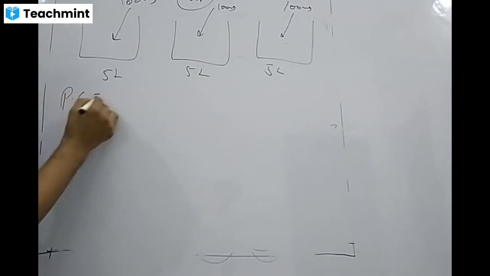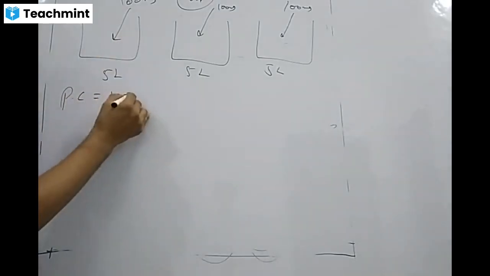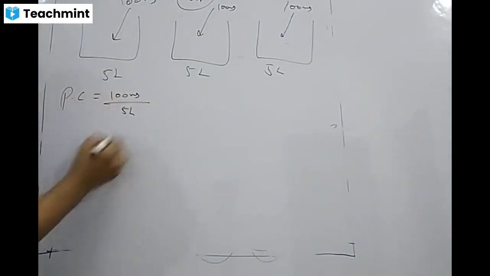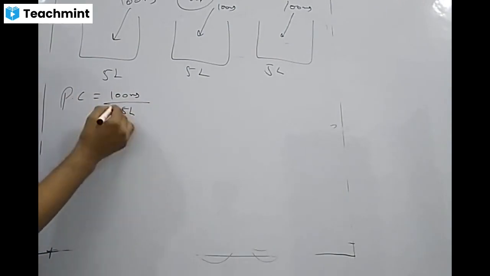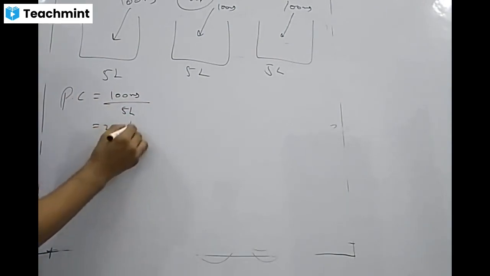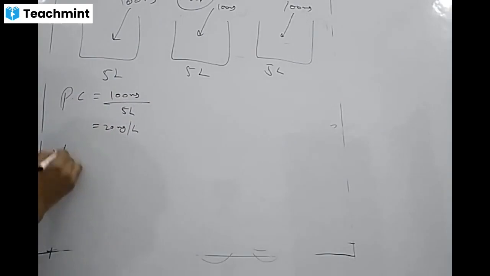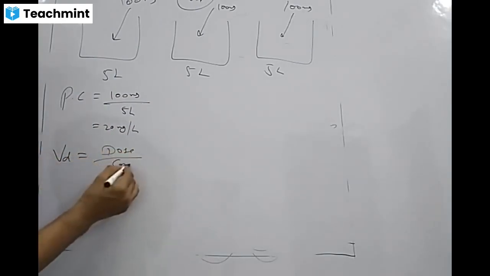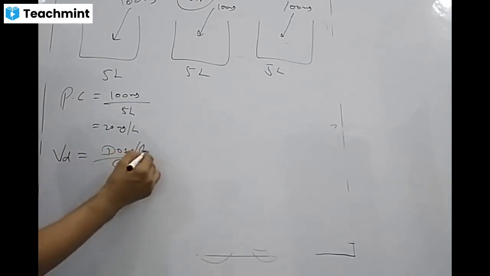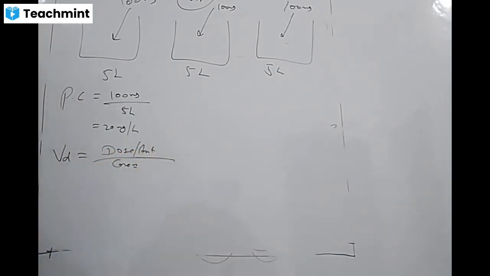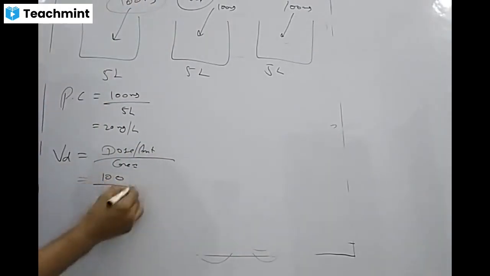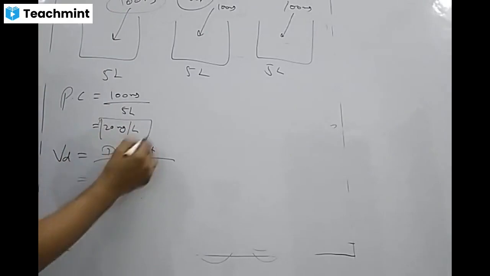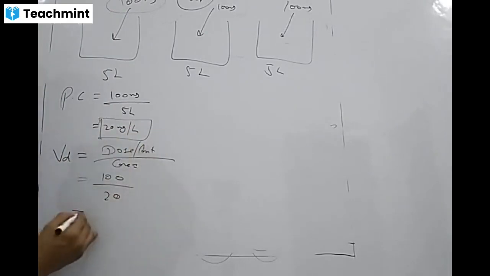If I measure the plasma concentration, that will be 100 mg dissolved in 5 liters, so it will be 20 milligram per liter. The volume of distribution has one formula: dose divided by concentration. The dose is 100, the plasma concentration is 20, so the volume of distribution is 5 liters.